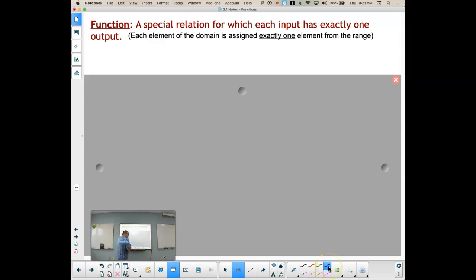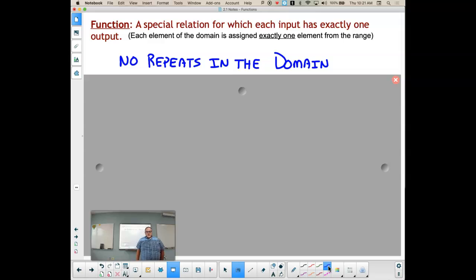Another way of saying it is there are no repeats in the domain. Okay. So there's no repeated numbers in the domain.